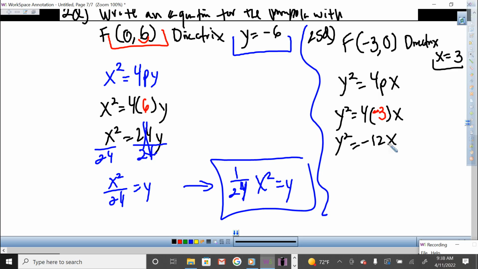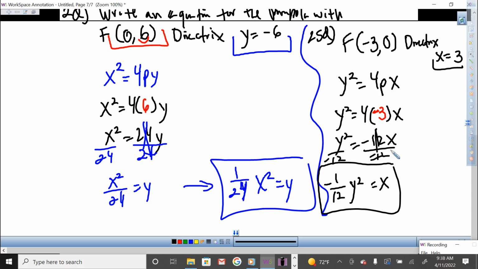Let's solve for x. What do I do? Divide by -12, divide by -12. So how do I write this? -1/12 times y squared equals x.